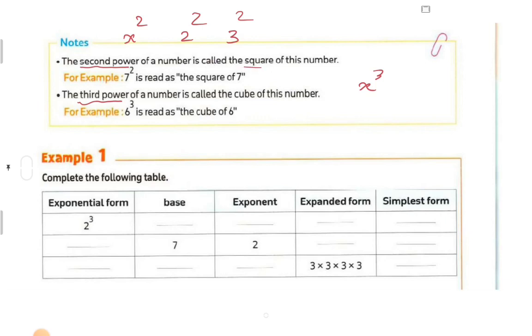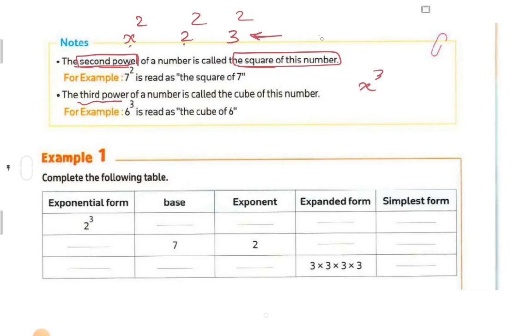It's called square. I can say the square of 3, square of 2, square of x. So the second power, I call it the square of a number.